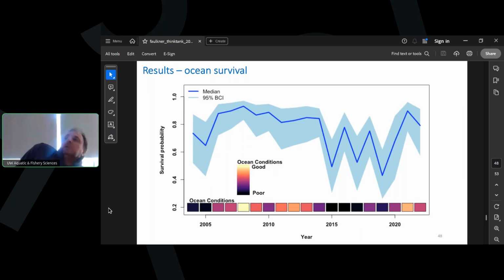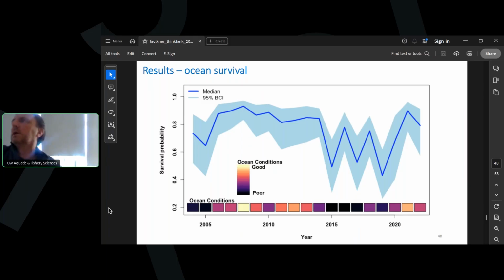It shows that the period where there were good conditions, like between 2006 and 2014, is reflected in the ocean survival. And then when it gets bad in 2015, 2016 shows poor ocean conditions, but that 2016 survival estimate is higher than I would have expected.